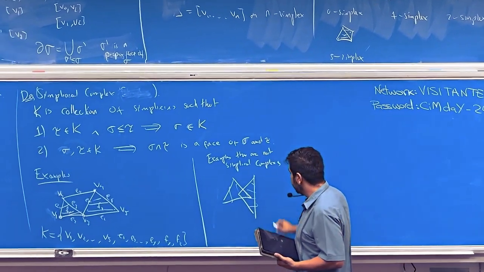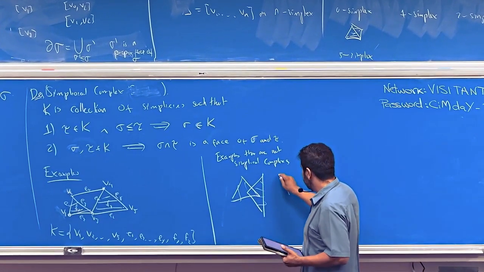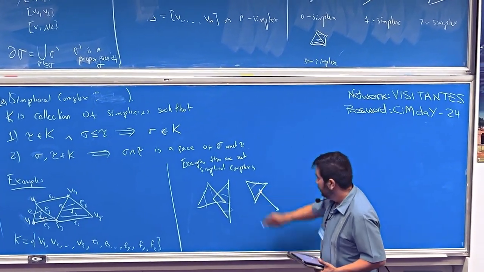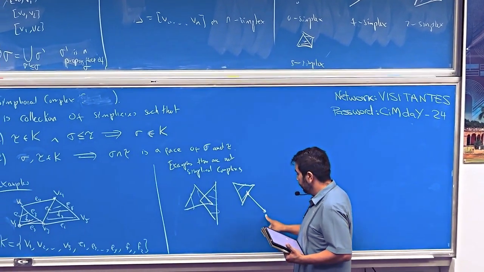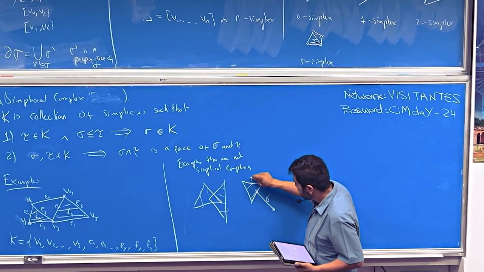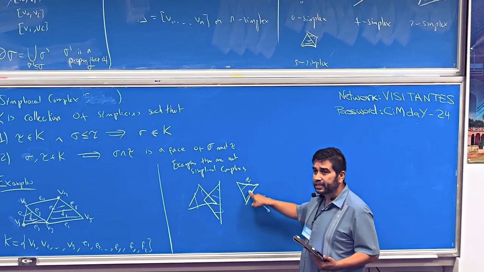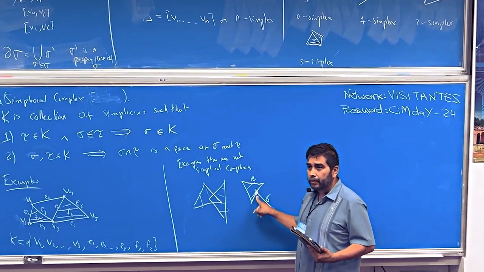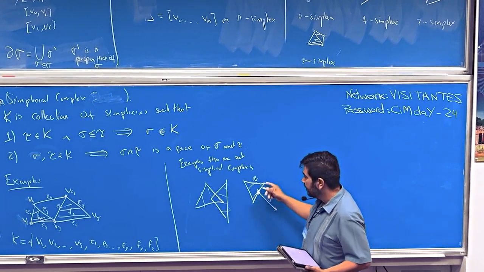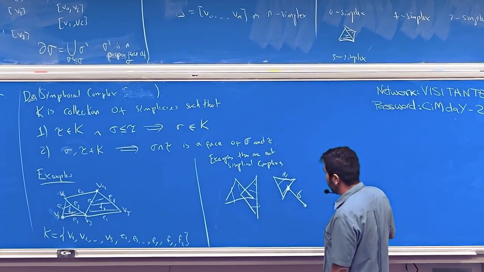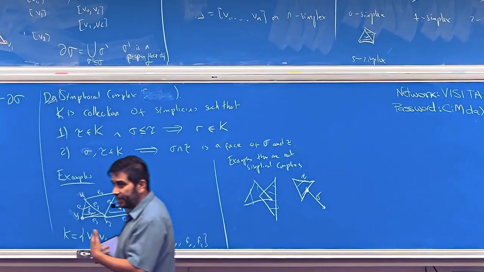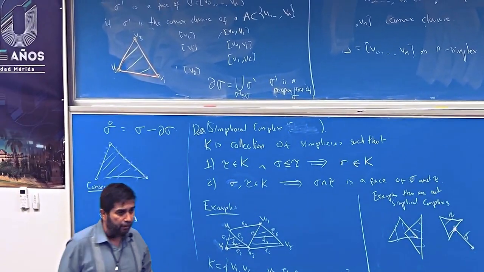But it can be something like this, or you can also think of something like this. The intersection between this simplex sigma and this other two-dimensional simplex tau is just one vertex, which does not belong, it's not a face of tau. So that's why it's not a simplicial complex.